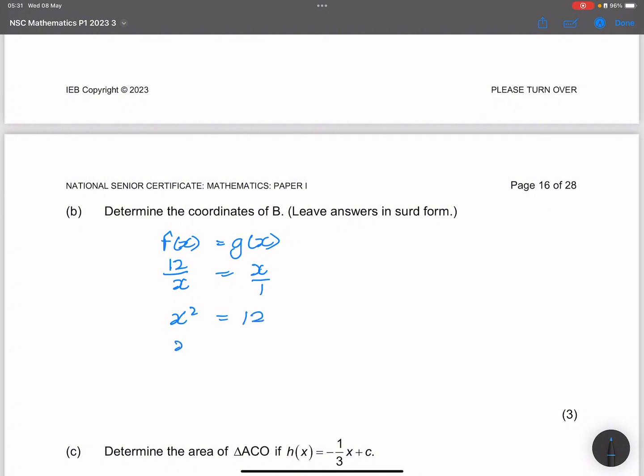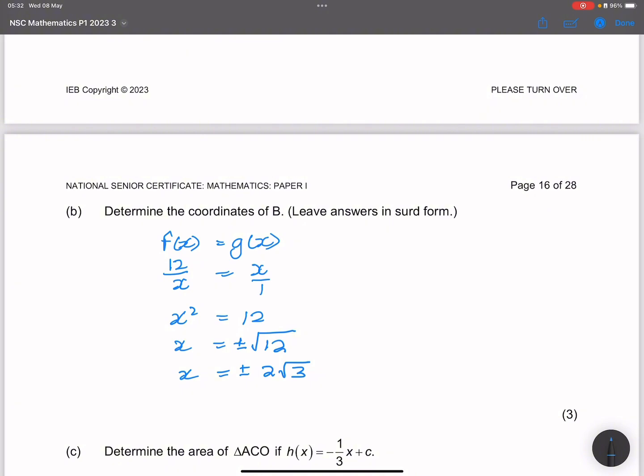And so x will be equal to the square root of plus or minus 12. They said we can leave the answer in surd form. Remember that 12 is 4 times 3, so the square root of 4 is 2, and we can actually simplify that. That's plus or minus 2 root 3. But in this case, remember, we're only going to take the positive value.